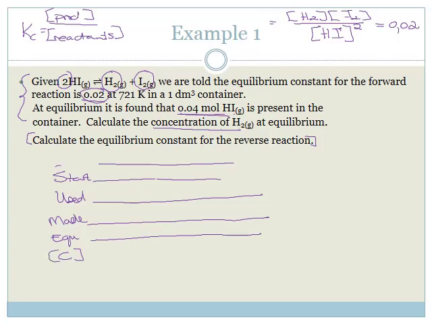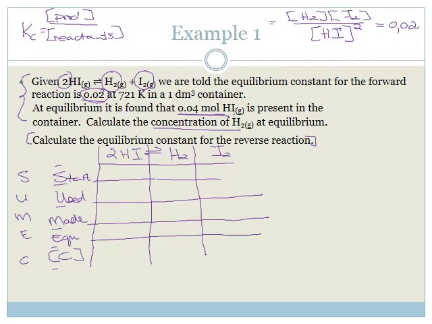So if you look at the first letters, it gives SUMEC. But a lot of people use SHREC, for example, which is start, change, equilibrium, concentration. It doesn't matter. The whole point is that you have a table that you understand, and we are going to use it to understand what is happening to our reactants and products during the reaction, until they reach their final state.